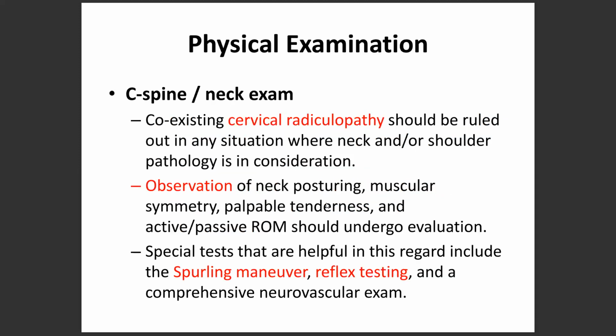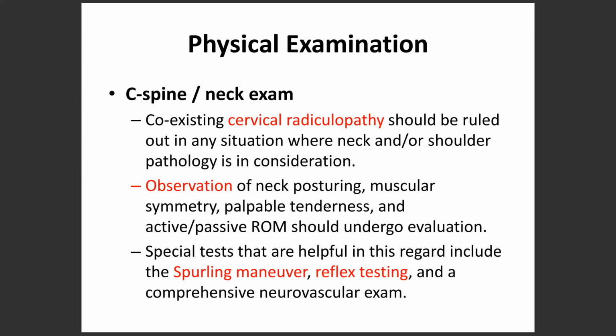Now, as we discussed earlier, there are different regions that should be assessed in that comprehensive physical examination. The examination should be started from the neck, then the shoulder, and then towards the elbow region. The coexisting cervical radiculopathy should be ruled out in any situation where neck or shoulder pathology is under consideration, and specific tests are present which can help the clinician rule out cervical radiculopathy.